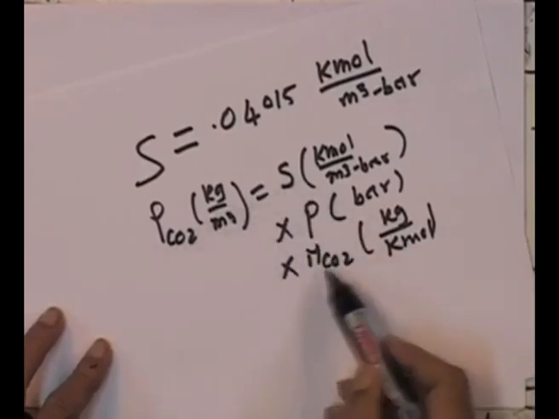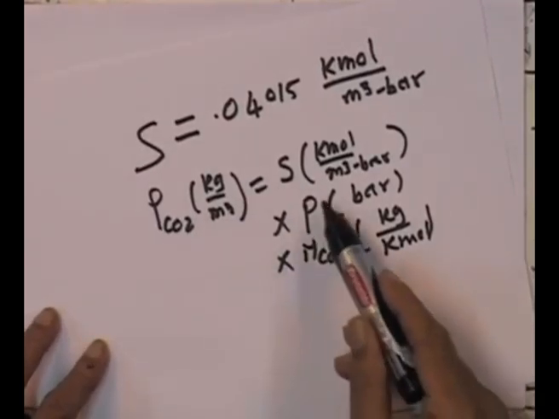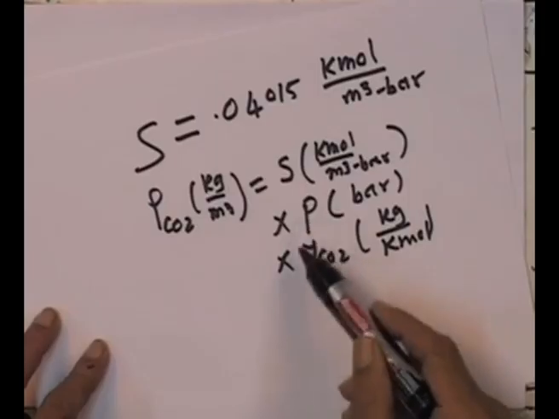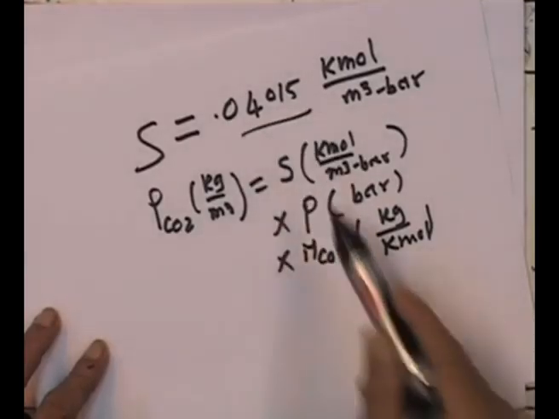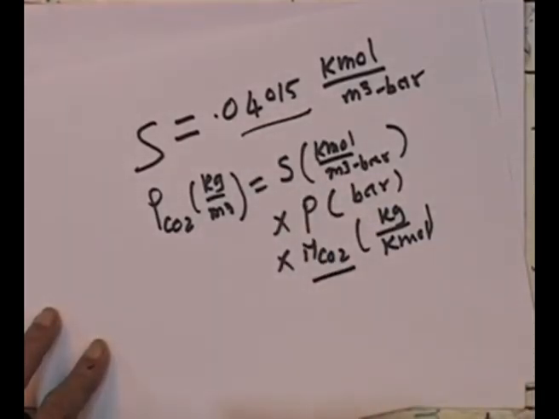Of course, the value of P must be used in bars, S is the solubility given here, and this is the molecular weight of CO2, which is 44.